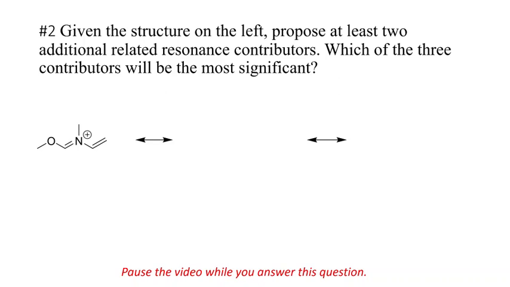In this case, we have 2 double bonds and an atom over here, this oxygen, which has 2 lone pairs, one of which can be in a p orbital and interact with the p orbitals of the rest of the system.